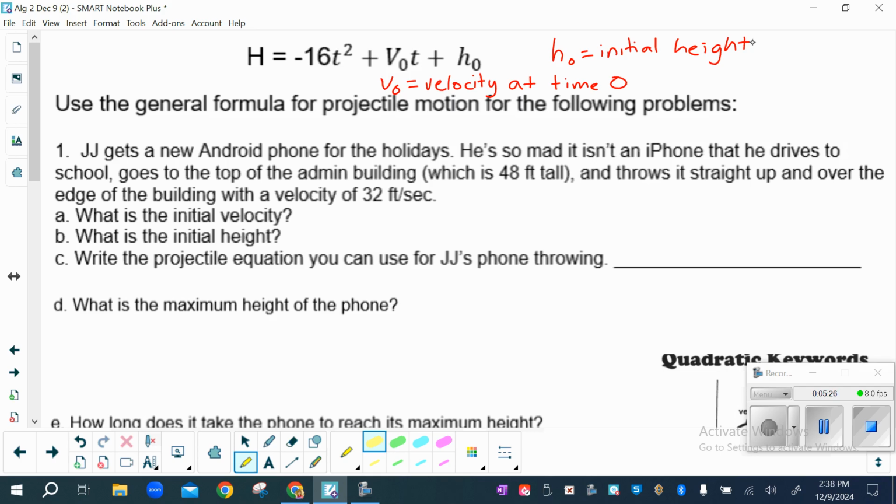JJ gets a new Android phone for the holidays. He's so mad it isn't an iPhone that he drives to school, goes to the top of the admin building, which is 48 feet tall, and throws it straight up and over the edge of the building with a velocity of 32 feet per second. What is the initial velocity?